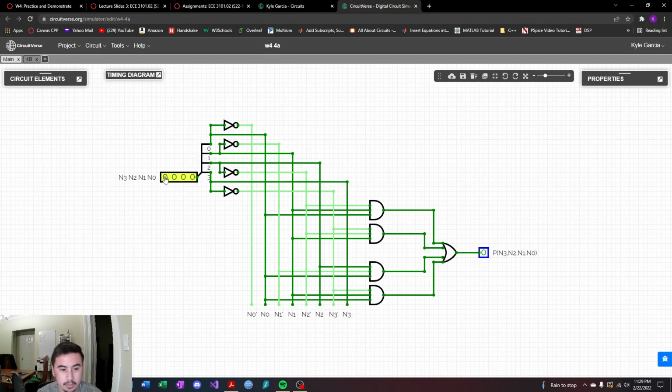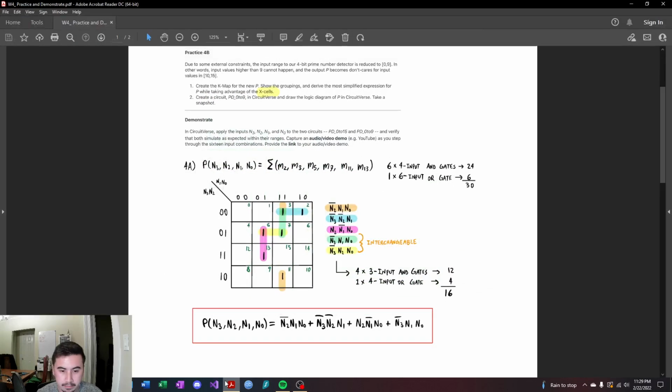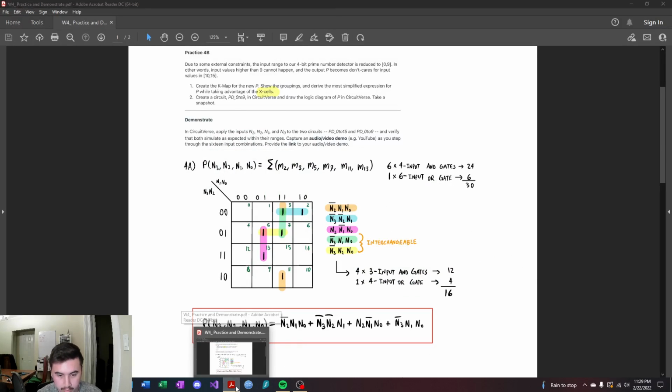As you can see here, we have 4 input gates, and over here I have them notted and not notted, and I just string them down to make it easier to build the circuits. I use this system because I feel it's more straightforward. So if we look at our function again: N2 not, N1, N0.